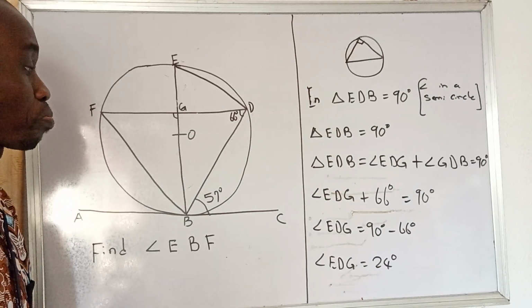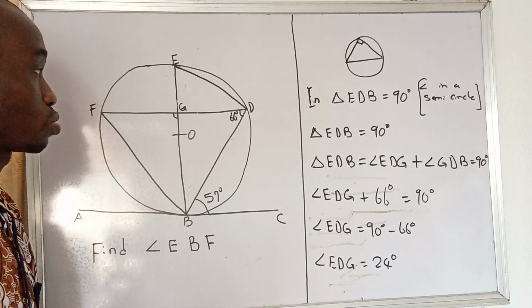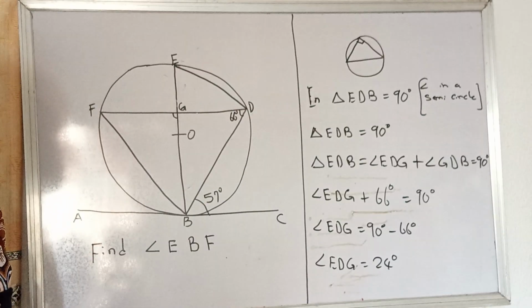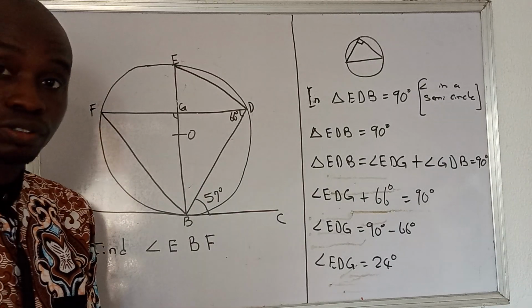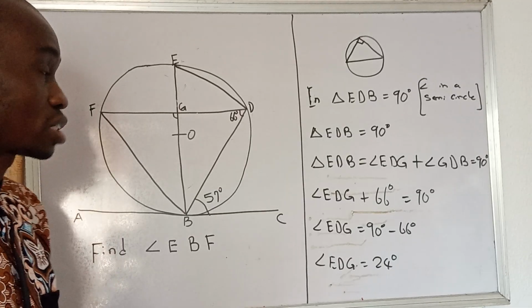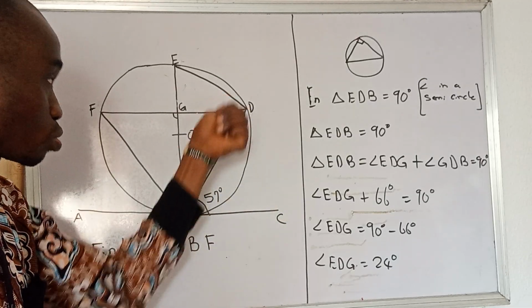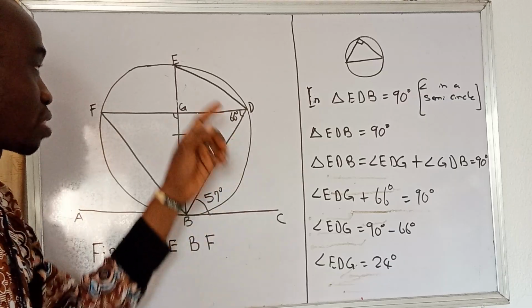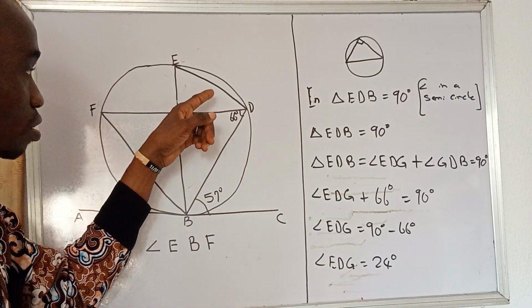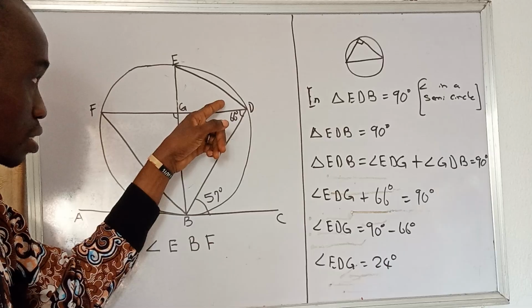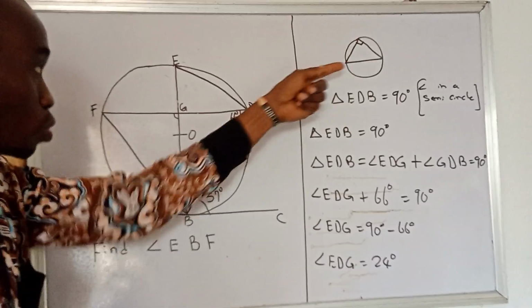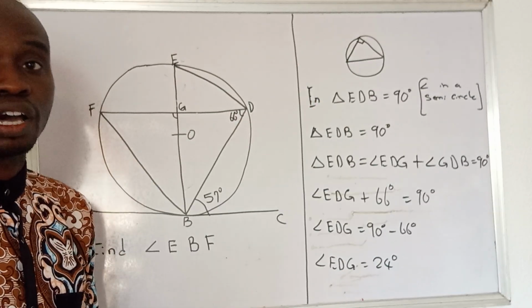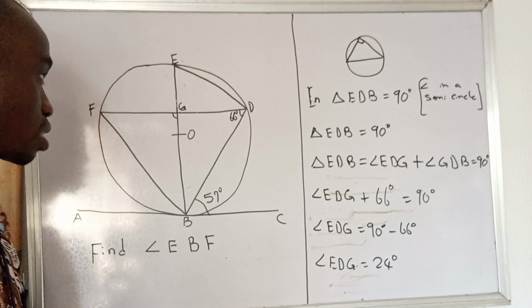That is the reason why I have to go through this route to get the angle in the same segment: I go through the semicircle theorem. I'm getting the angle value for the same segment by going through the angle in the semicircle. That is so.